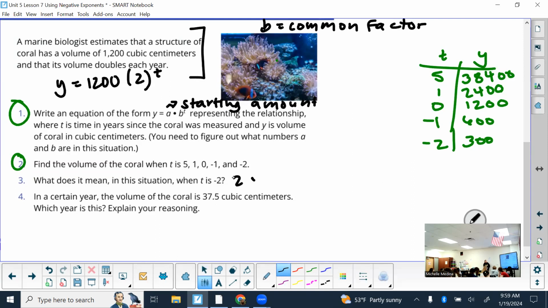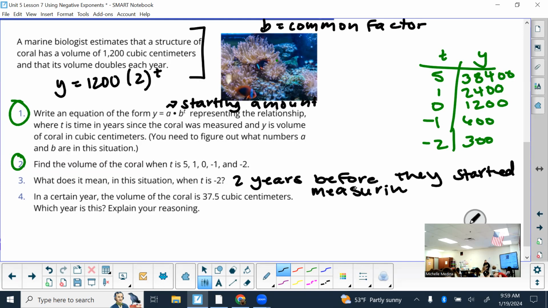2 years before what? So 2 years before they started measuring the coral, because we said their starting amount was 1,200. When t is 0, that's the start, so -2 would be 2 years before.